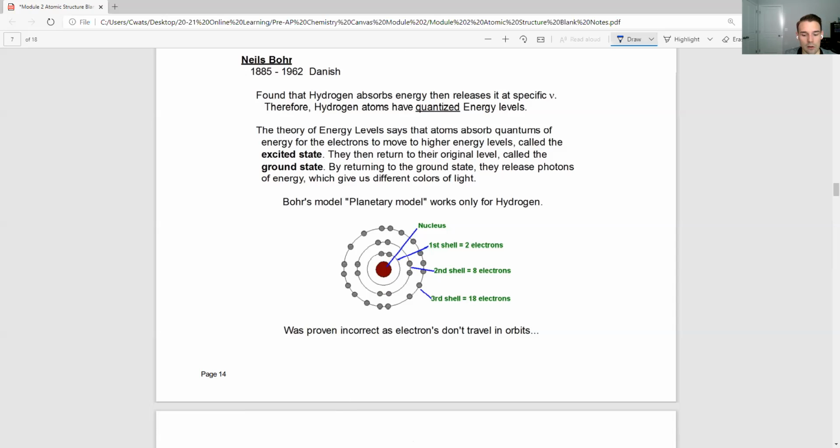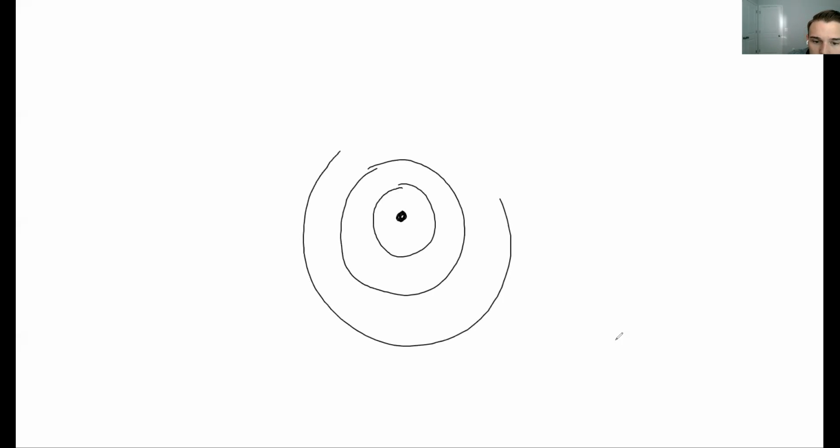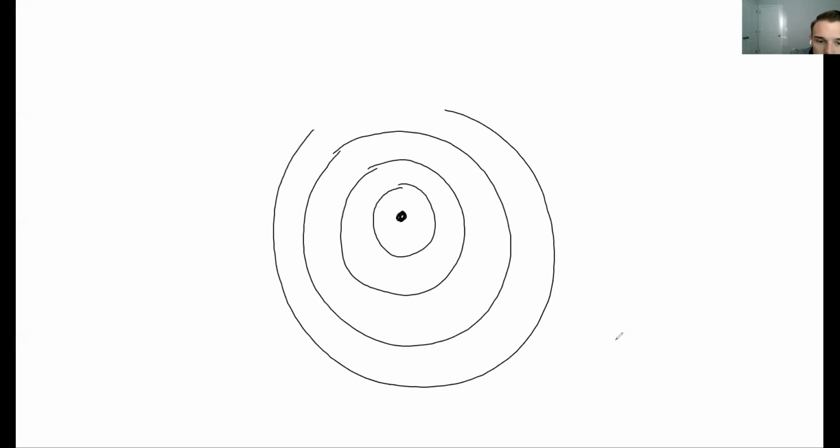I'm going to share a whiteboard here so I can show you what's happening. So here, nucleus, okay? These are different energy levels around the nucleus. And let's say I've got an electron, an electron, electron, electron.